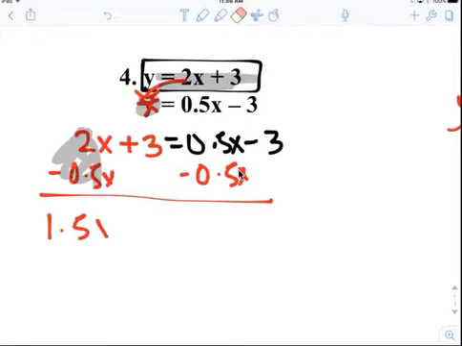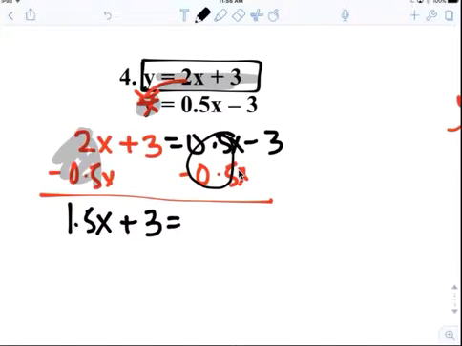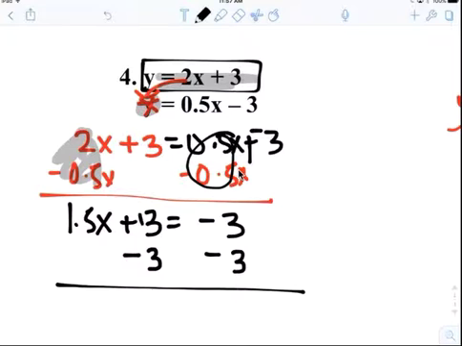I don't like constant red. 1.5x plus the 3 equals, this is 0 minus 3, or 0 plus a negative 3. So it's a negative 3. You add, oh, no, you wouldn't add 3. You get 0 by minusing 3, minus 3. Okay, 1.5x equals negative 6.